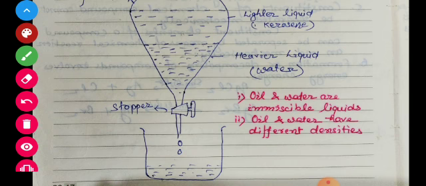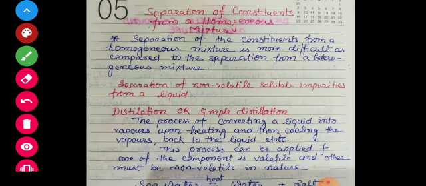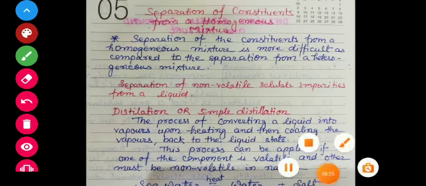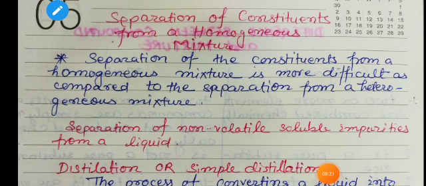And after this, students, we'll discuss the separation of constituents from a homogeneous mixture. The previous one was of heterogeneous. Just try to remember, whatever we have discussed, that was heterogeneous. Now we'll discuss homogeneous mixture.